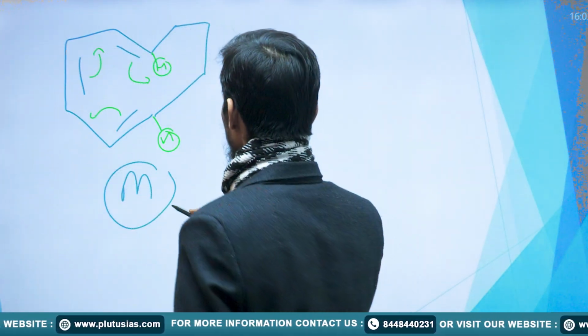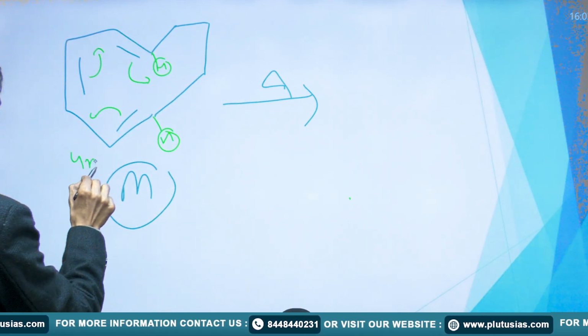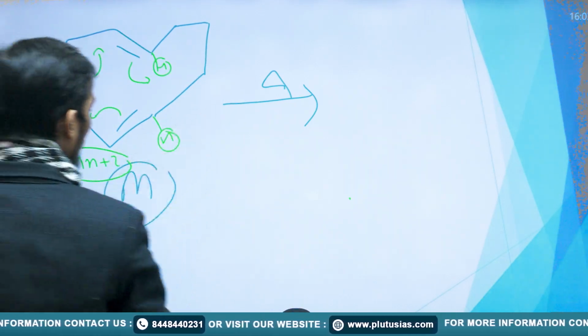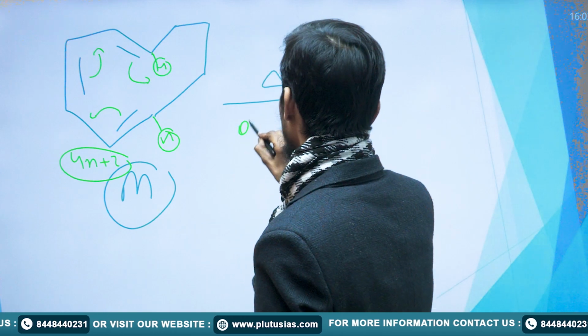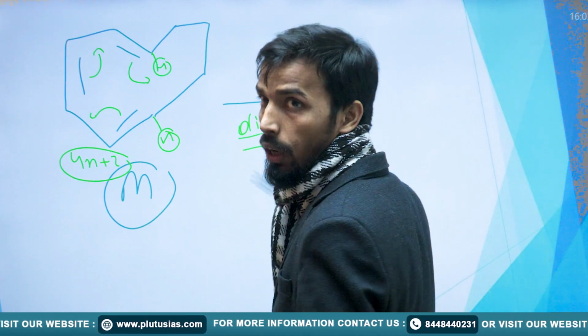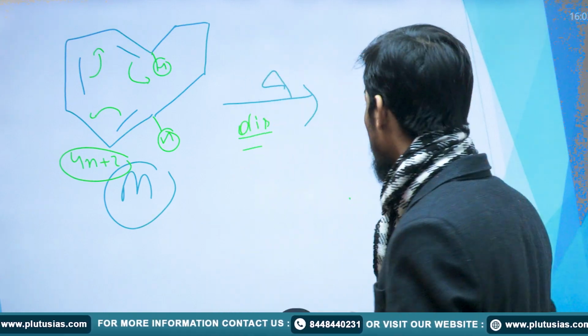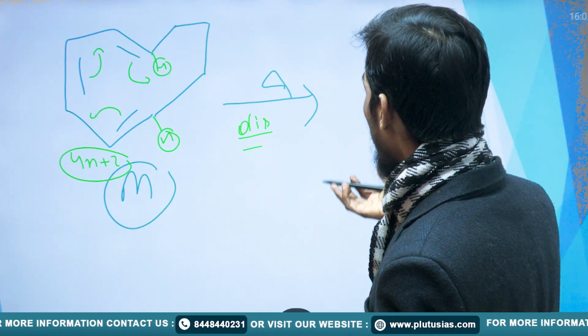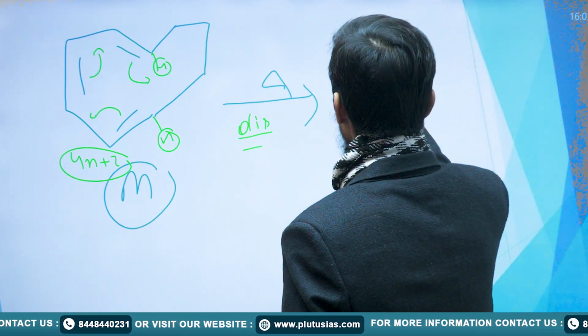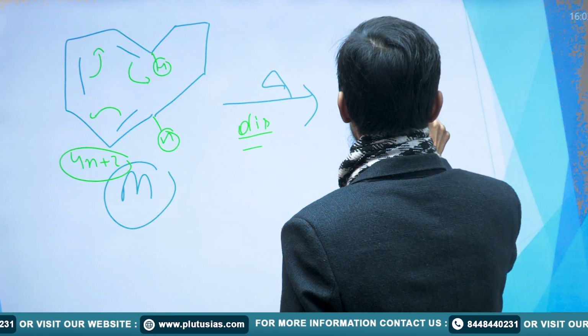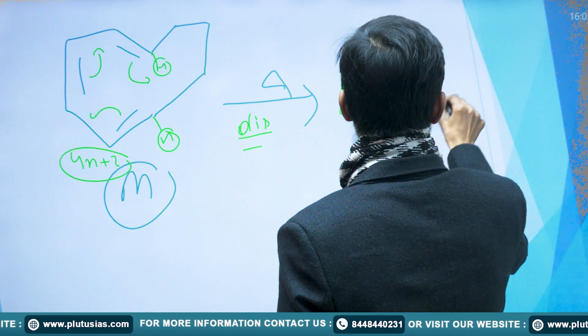Again the 4n plus 2 system, del, so it means the dis rotation. 4n plus 2 del, which means the dis rotation. The product is going to be like this only.